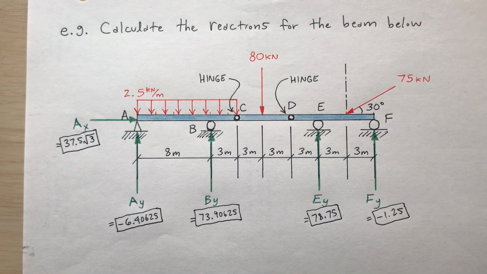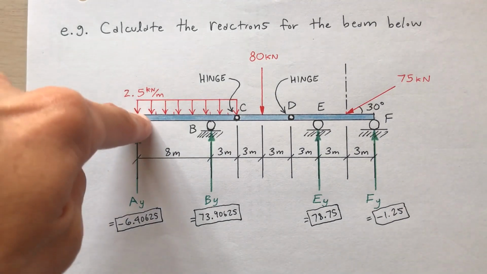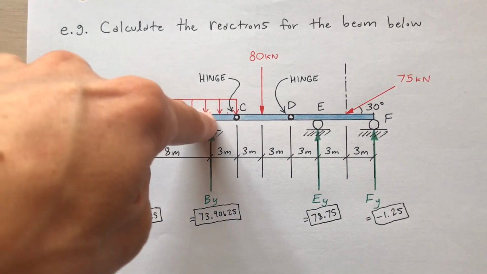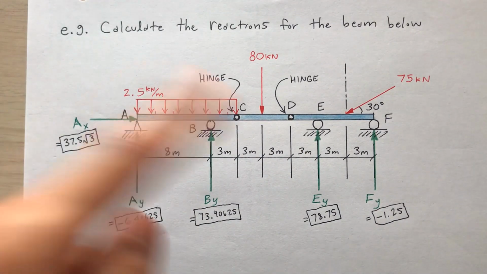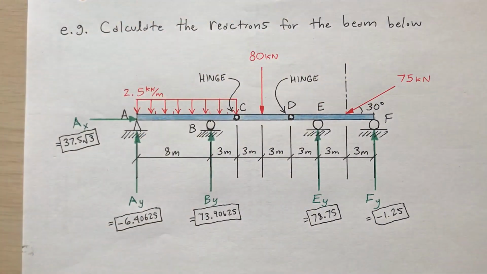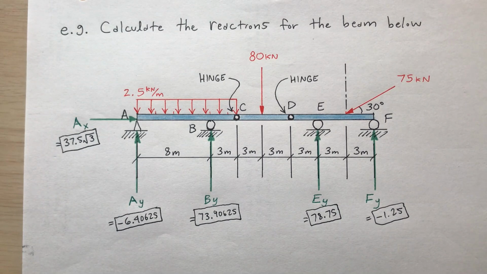How could I check all this? If I want to double check that I got the correct numbers, just take the moments about point A, or the moments about point B, for example. Take the moment about any point for the entire thing, for the entire structure. Take the moments about some point and verify that it does wind up being 0. Take the sum of the forces in the y direction, make sure that that's 0. In other words, calculate the equilibrium of the entire structure.